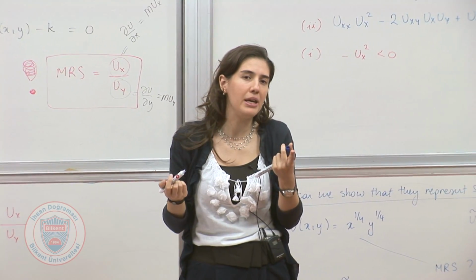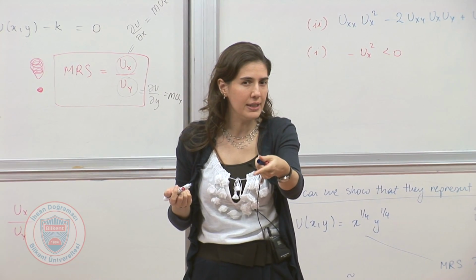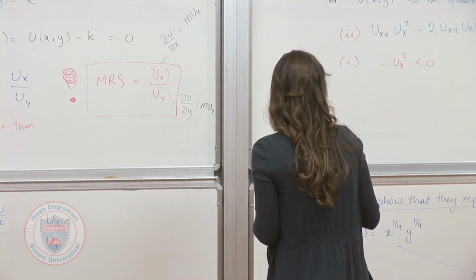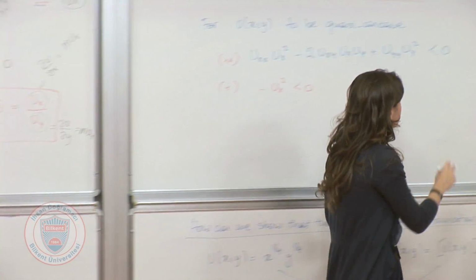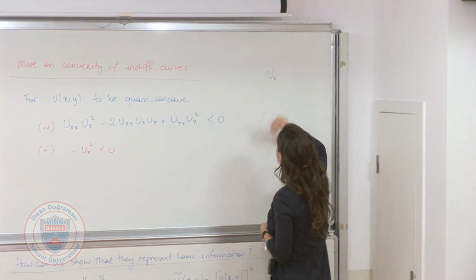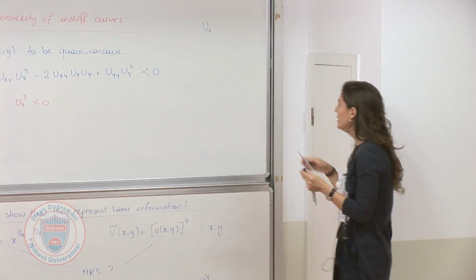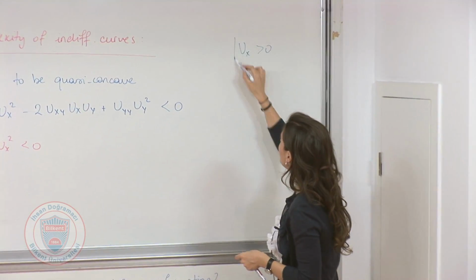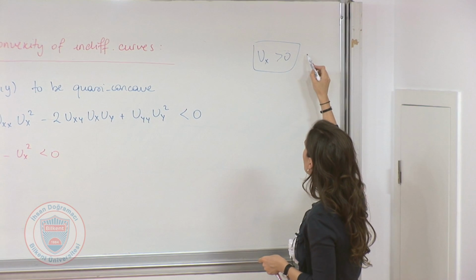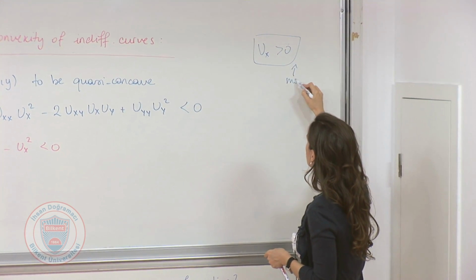It doesn't have to be all the time. So more is better corresponds to what? This u of x being what? Positive, right? So this corresponds to more is better.